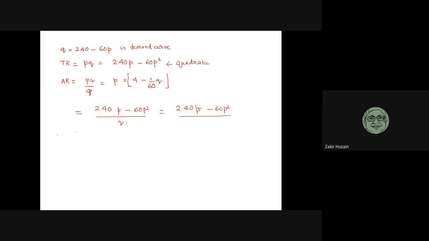Okay. The second question is an altogether different question, that you have a firm and the average cost is, okay. Price is constant and it is 10 per unit.